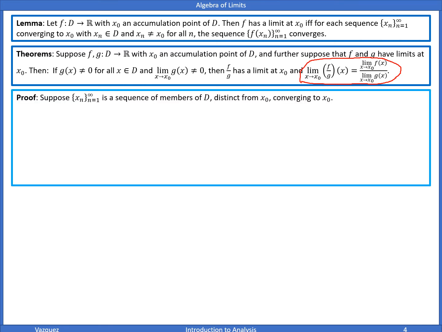It's a shorter proof. Suppose x n is a sequence of members of D, distinct from x naught, converging to x naught. Now f of x n converges to the limit of f of x and g of x n converges to the limit of g of x.